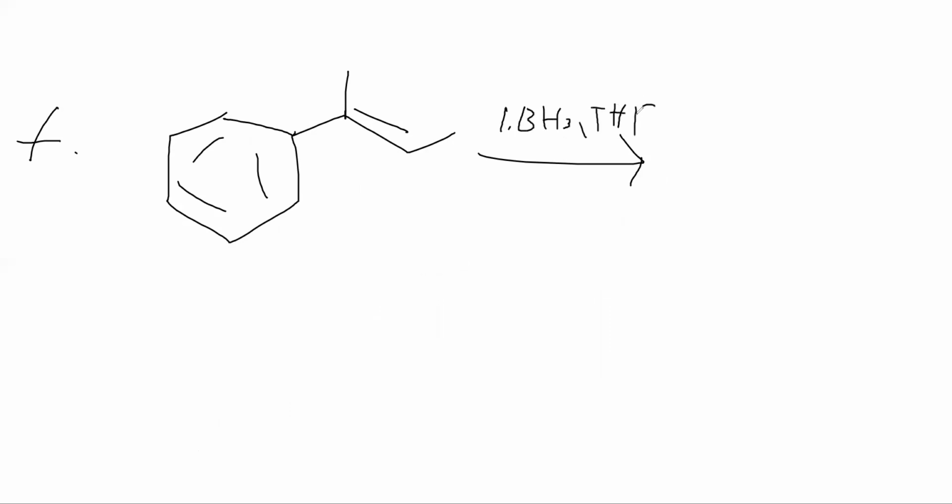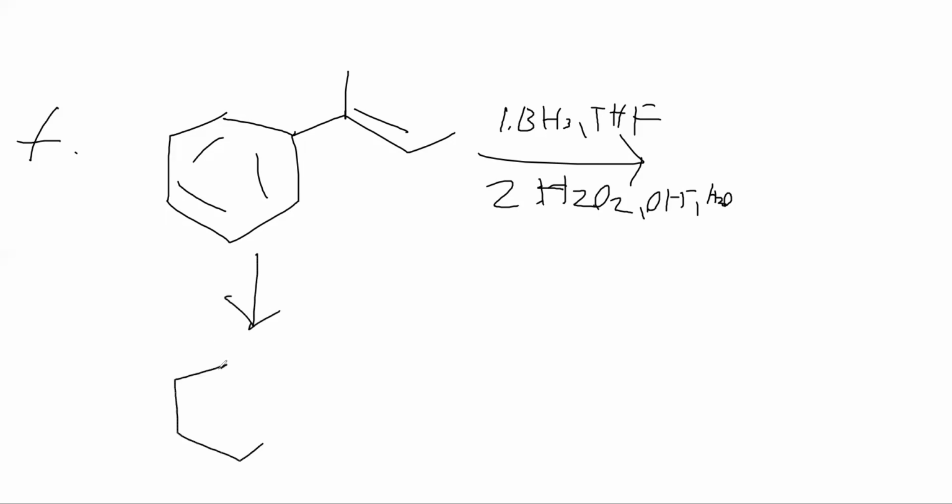Again, THF is the same as ether, pretty much. Okay, so can anybody tell me what this set of conditions will lead to? It's something we've seen earlier today. It's the anti-Markovnikov with the syn addition, yeah. Mm-hmm.